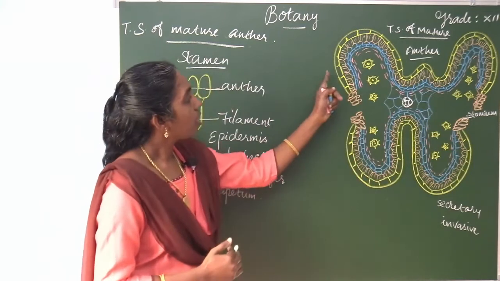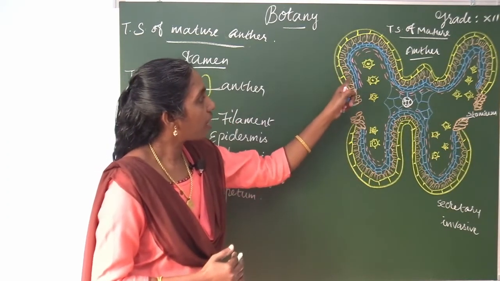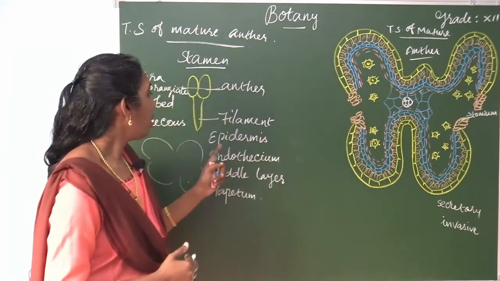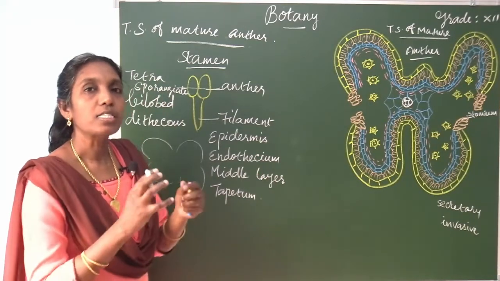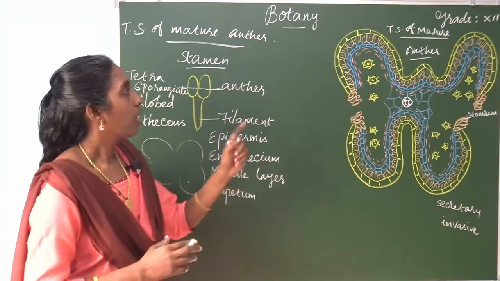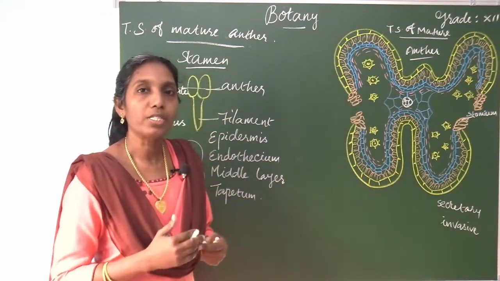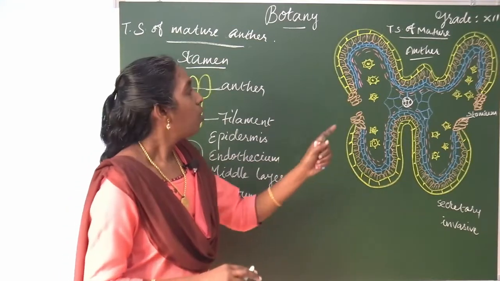Inner to this epidermis there is a layer called endothecium. The layer of endothecium is elongated. The epidermis is made up of a single layer, and endothecium is also a single layer of elongated cells.